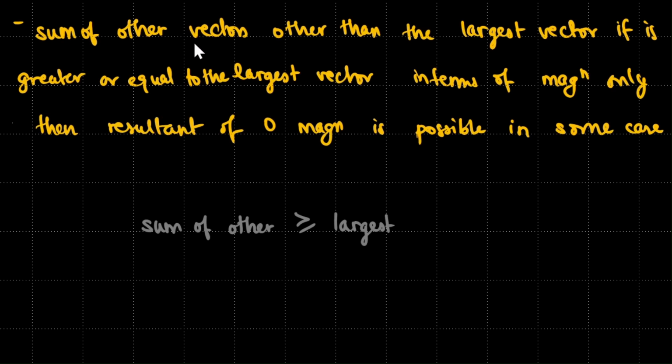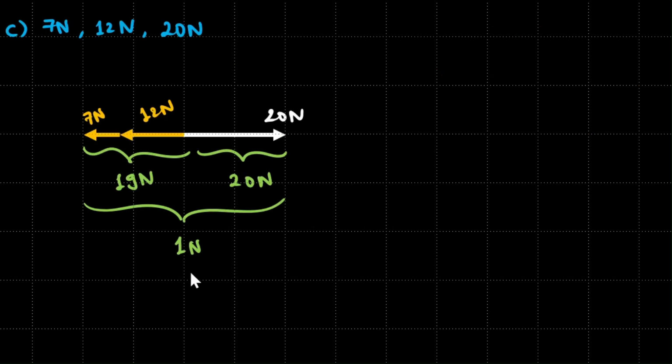If you add the magnitudes of the other vectors except for the largest vector, and the sum is greater than or equal to the largest vector in terms of magnitude, then it is possible that you have a resultant of 0 magnitude in some case. It's not guaranteed that in every case it will be like that, but in some cases it's definitely possible. But if this condition is not satisfied, in no way is it possible that you can get that 0 vector.